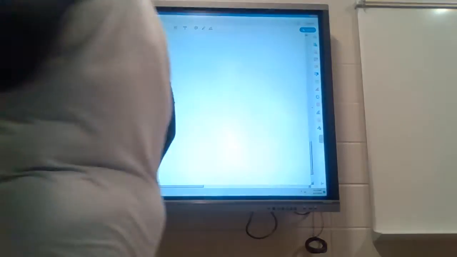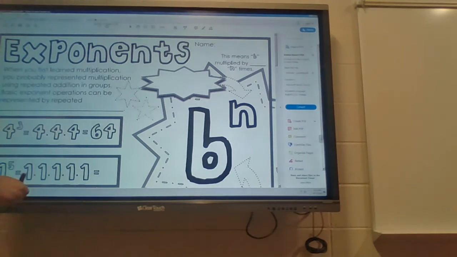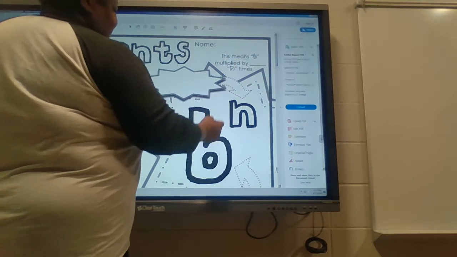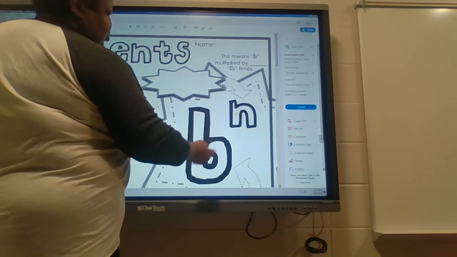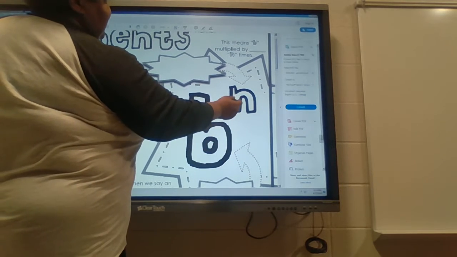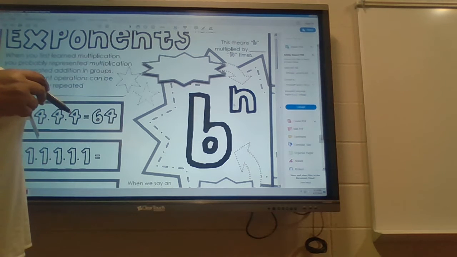So that's that part. Now we're going to get to the new part that we're doing today. And that's exponents. So this is a nice sheet that you can color. This is how exponents look. This B is called the base, and N is the exponent.